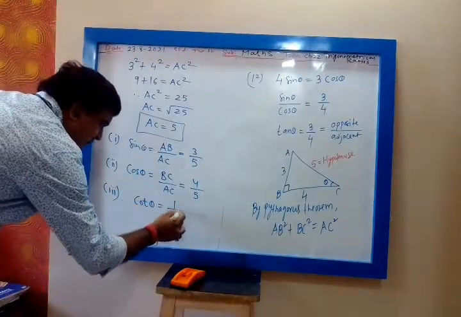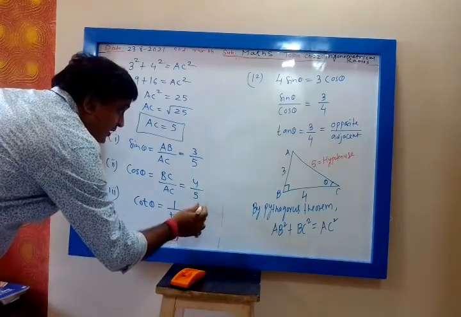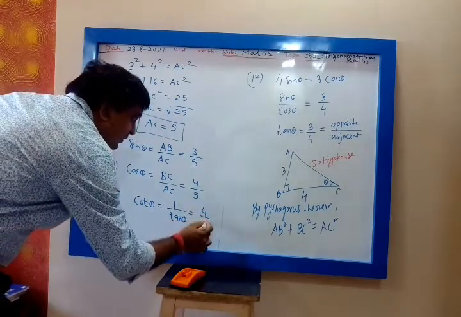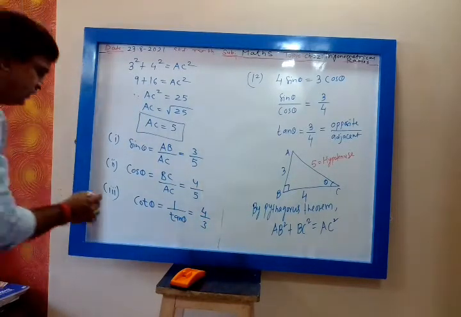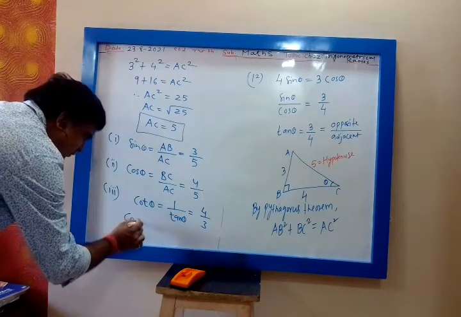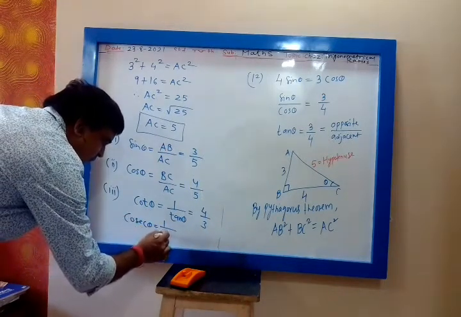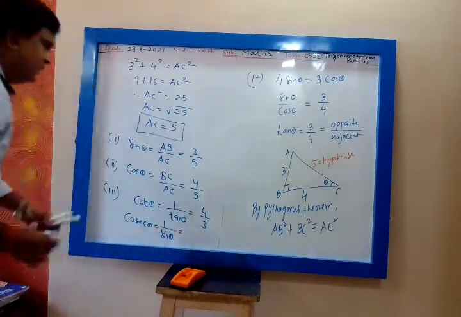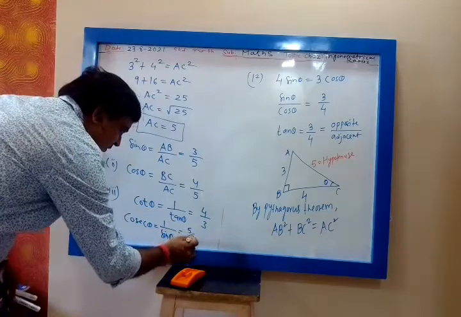Correct. 1 upon tan theta. So reciprocal of 3 by 4 will be 4 by 3. Then find cosec theta. Cosec theta is reciprocal of sin theta, 1 upon sin theta. Reciprocal of 3 by 5 is 5 by 3.